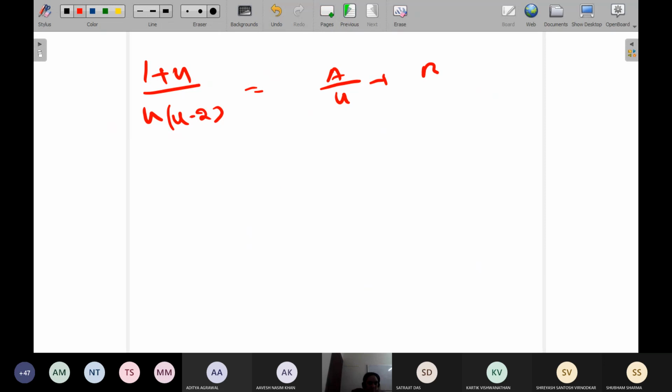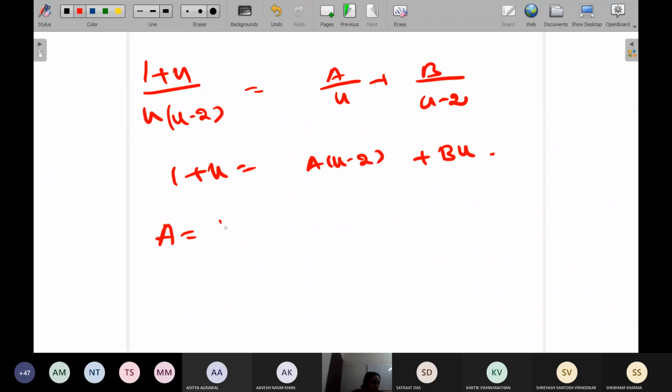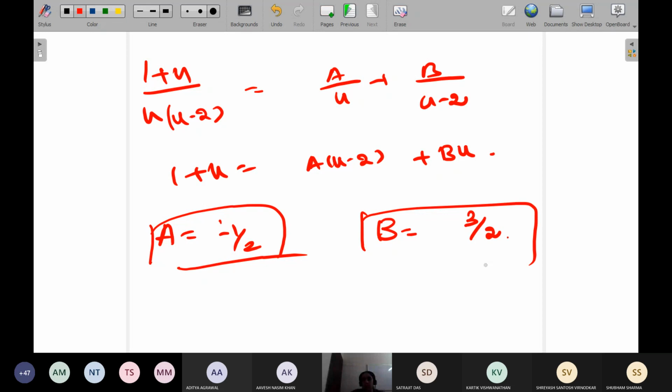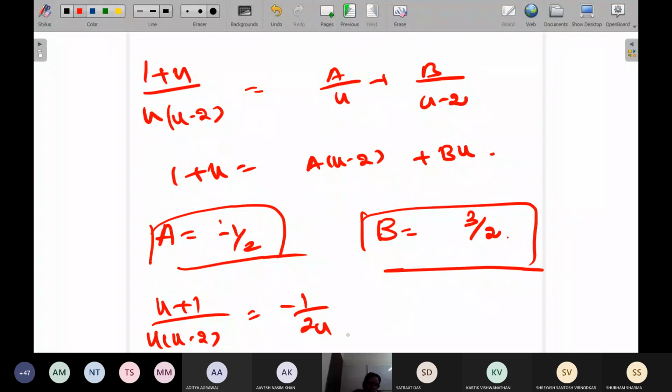Once you substitute, you are getting the value of a to be minus 1 by 2 and the value of b to be 3 by 2. So your function u plus 1 divided by u into u minus 2 will be equal to minus 1 by 2u plus 3 by 2 into u minus 2.